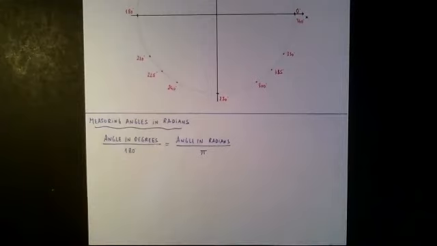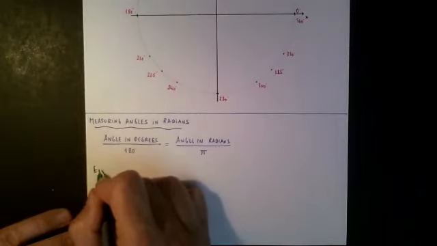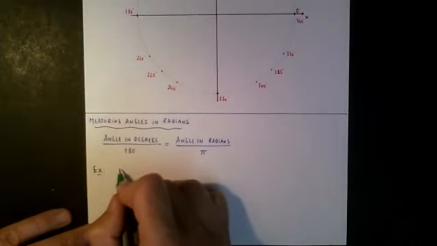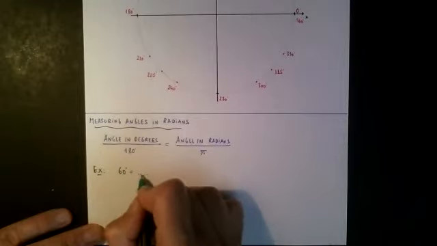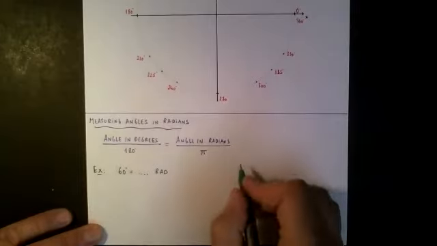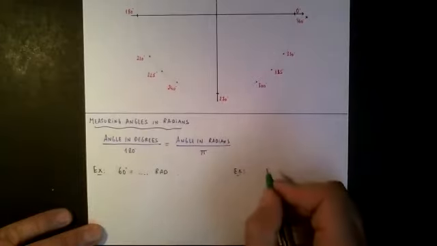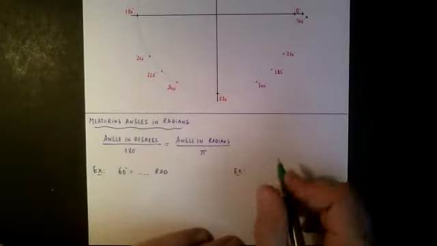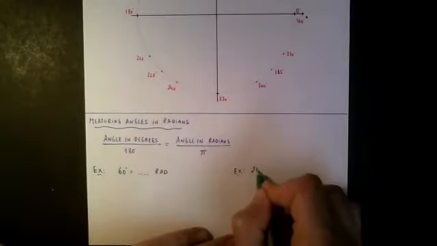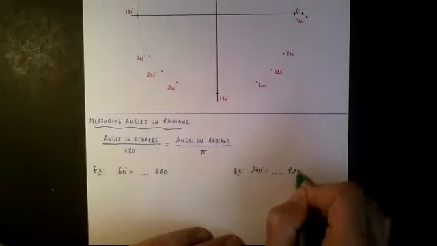Let's do two examples. Example: let's say 60 degrees is equal to how many radians? And another example: let's say 240 degrees is equal to how many radians?